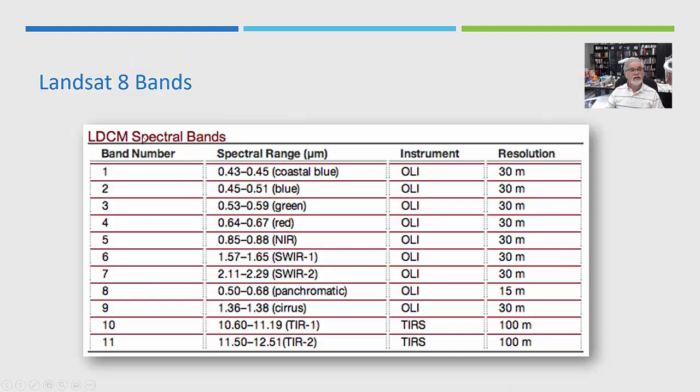In Landsat 8, there was slightly a change in the numbering schema and the bands that were available to us, as that satellite, being a newer satellite, had this coastal blue in it, which is good for water detection. That wasn't there previously. Notice the resolution being about 30 meters of each of these bands.